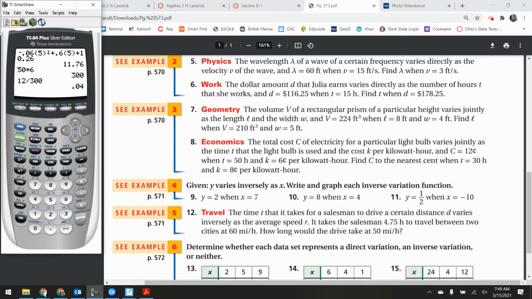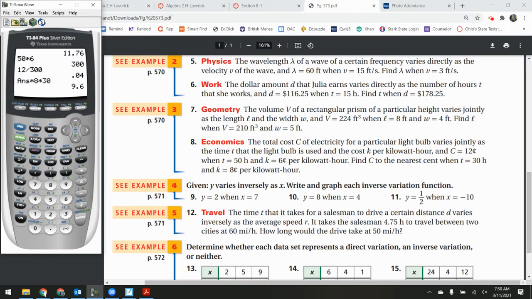And now it says find c to the nearest cent when t is 30. So c is equal to 0.04 times 30 times my kilowatt hours, which is 8 cents per kilowatt hour. So 0.04 times 30 times 8 gets us 9.6 to the nearest cent.